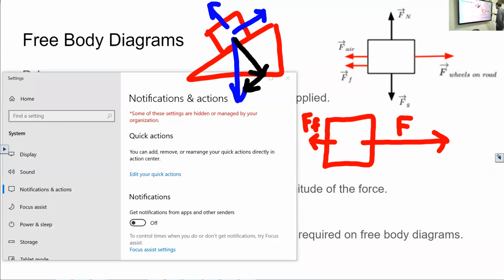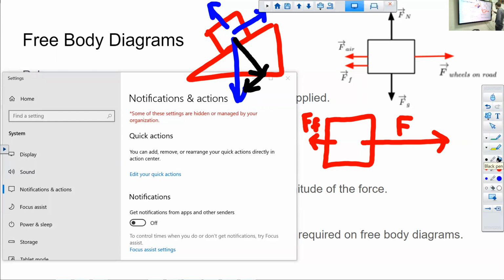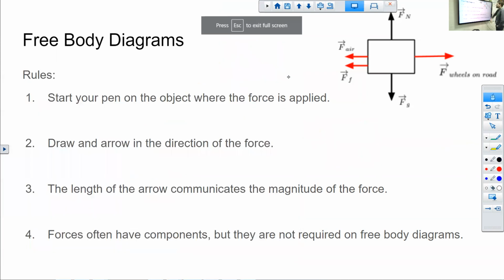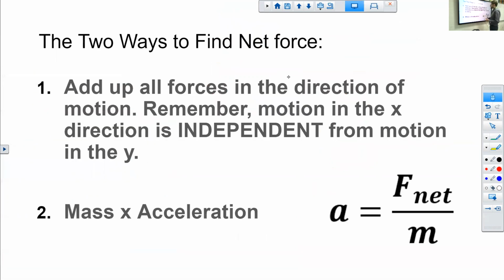And so you potentially getting the components wrong is not a way you want to lose points on the exam. So you only really draw forces unless they specifically ask for the components, but the components are not necessary.